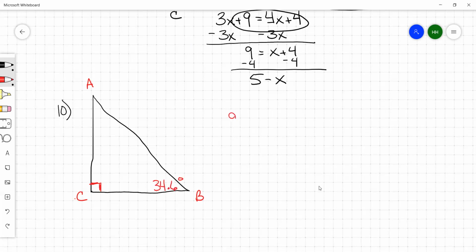So 90 minus 34.6 is equal to 55.4 degrees. There's your other acute angle in a right triangle with one angle that measures 34.6.